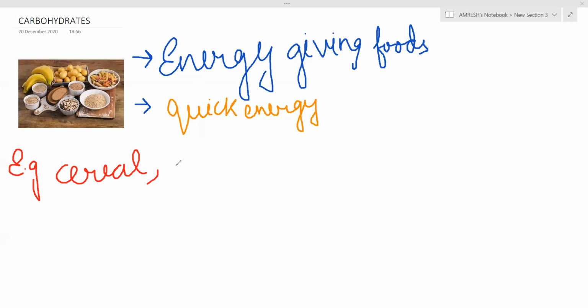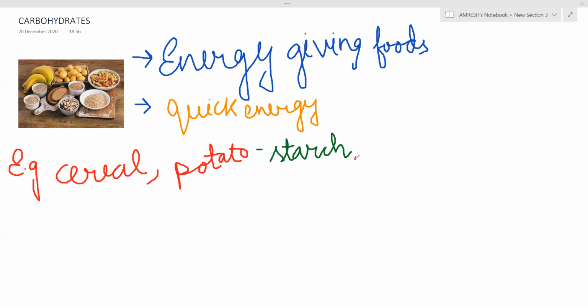And one more you remember, potato. Potato is a very good source of carbohydrate. It is a very good source of starch. You get starch from potato. Starch is a carbohydrate, and potato is a very rich source of starch.